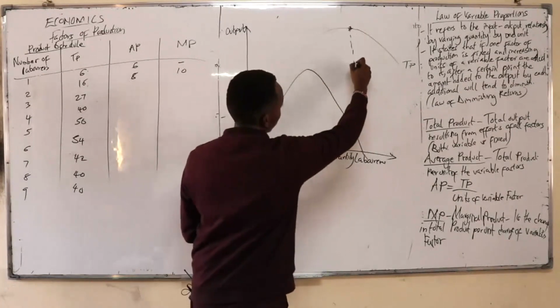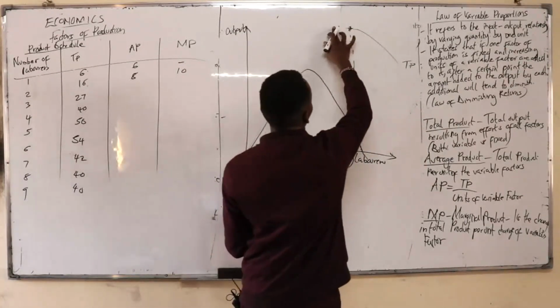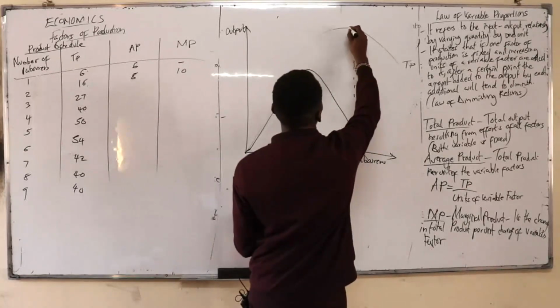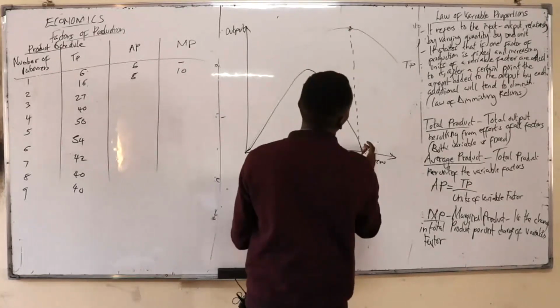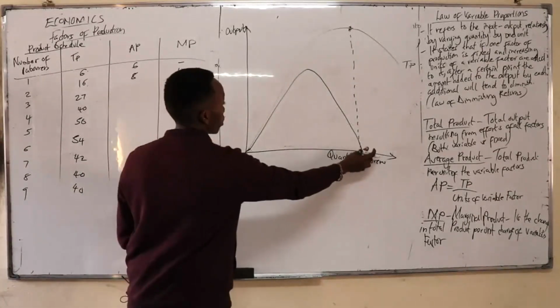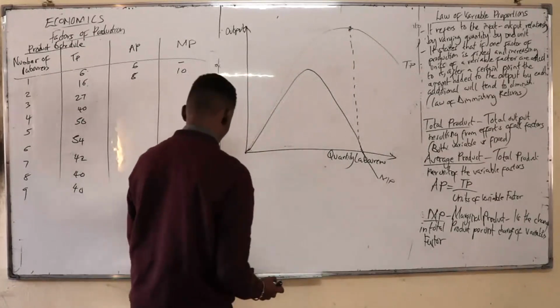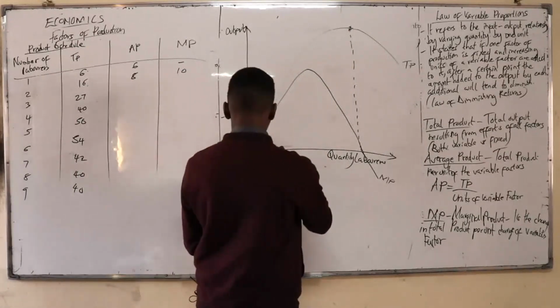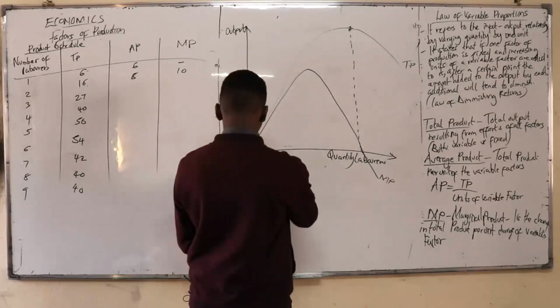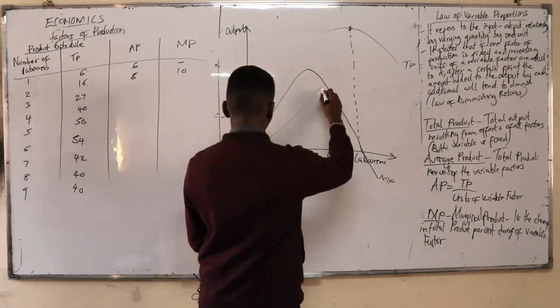It's not to scale, but the idea is that at the highest level of the total product, the marginal product is at its lowest, at 0, and then it starts to decrease. This is the marginal product. And the average product cuts the marginal product at this point.